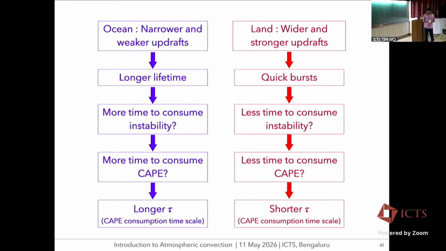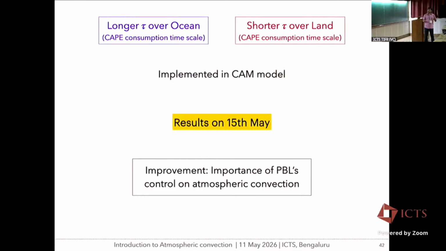So we actually did one test with this in a CAM model. I will share more results in my 15th May talk. The only thing I wanted to say here is that by giving different consumption time scales for CAPE, we're essentially trying to mimic the effect of the boundary layer on convection.